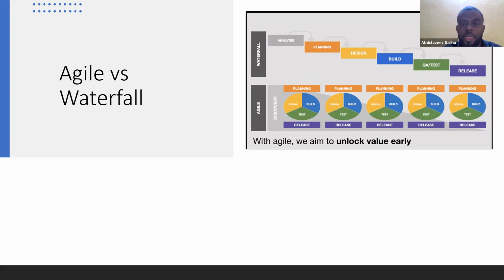You analyze, you plan, you design, build, you test, then you release. Before you actualize all these 6 steps or 6 phases, the market demand would have changed.